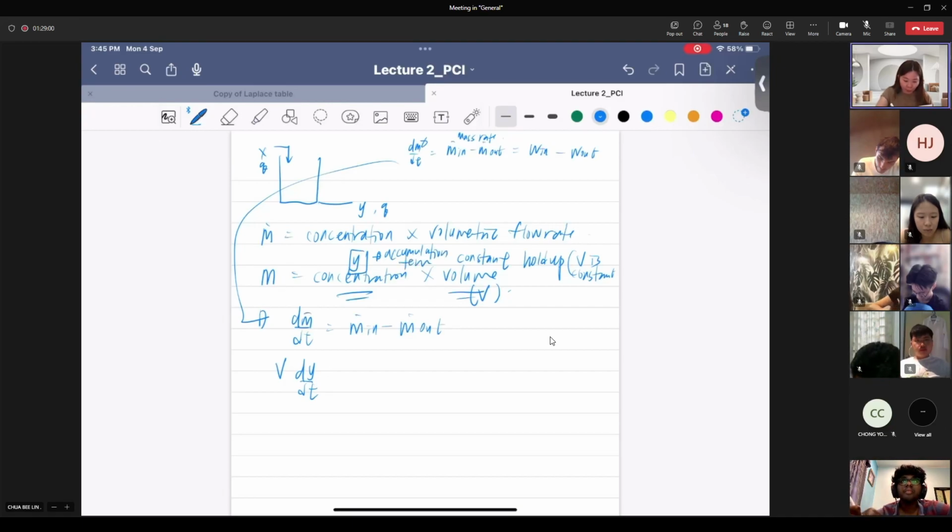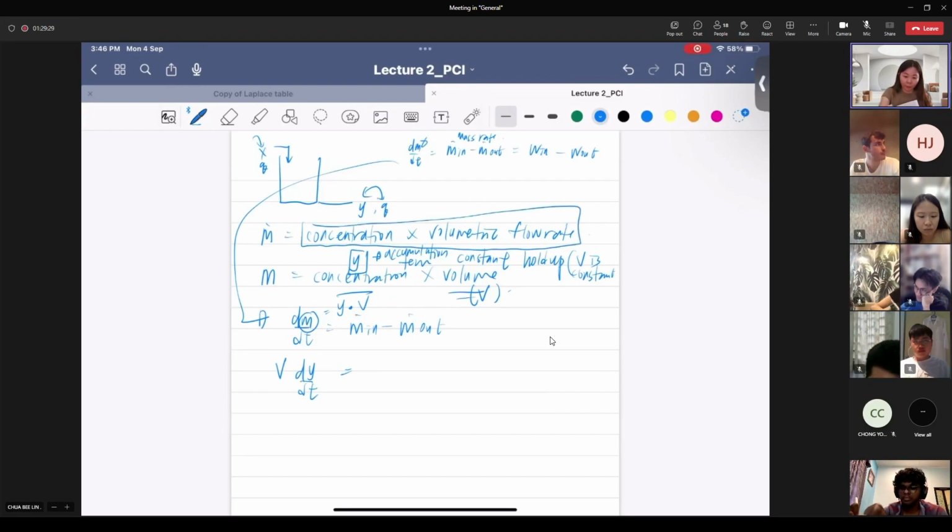So you expand the M equals Y multiplied with the volume. So d, then you have the dY. V, volume is constant, so you factorize the volume outside. Then mass rate is Y multiplied with the Q, X multiplied with the Q, because we are using the concentration multiplied with the volumetric flow rate.